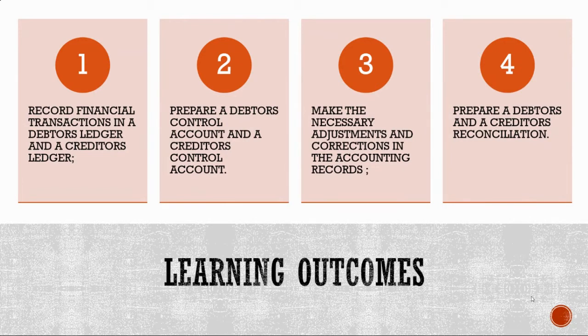Then make the necessary adjustments and corrections in your accounting records. So that is, if there's any mistakes, how do we fix it? And then prepare your debtors and creditors reconciliation. So that is reconciling your control account back to your individual debtor accounts and your debtors list, which is drawn up from that.